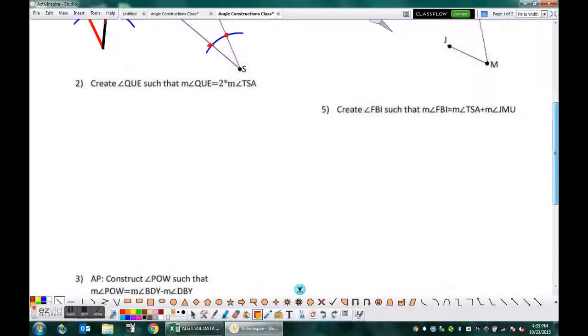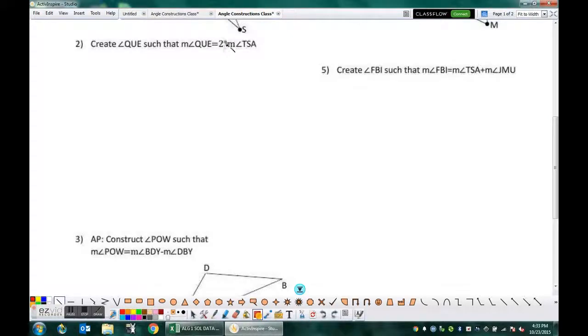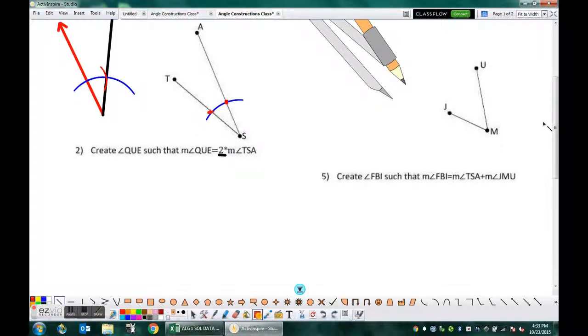For the ones down below, like 2 and 5, they're a little bit different. In this one, I'm going to copy that angle TSA twice. That's what the 2 times means there. So I'm going to look up above here at my TSA. Again, I start out the same way as before. I've got to start with a ray, somewhere to put these angles.